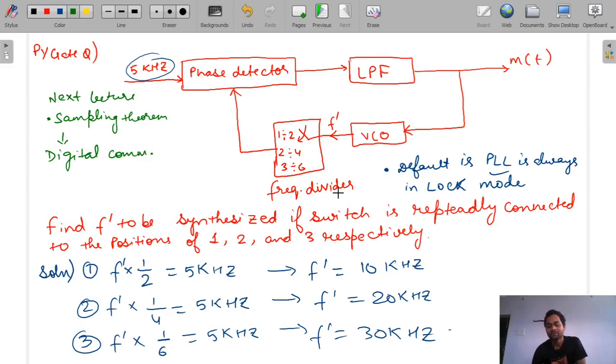Amplitude shift keying, phase shift keying and frequency shift keying. So sampling theorem is the basis for digital communication, because using the sampling theorem only we can convert analog signal to digital signal. All the natural signals present are analog. First we have to convert them into digital signal. And what is the requirement of digital communication? It makes the speed of transmission faster. That's why we are using digital communication.